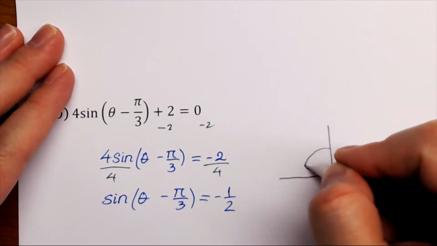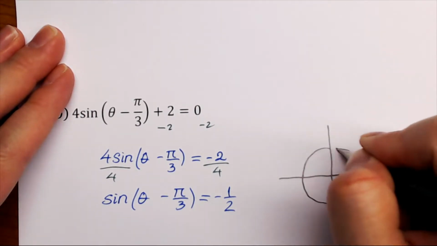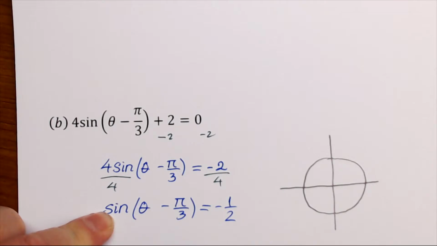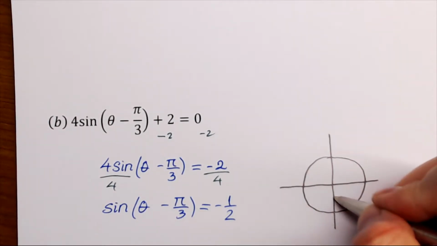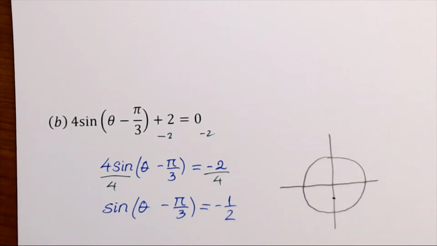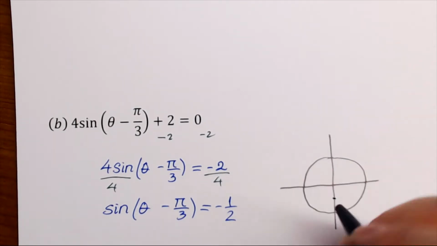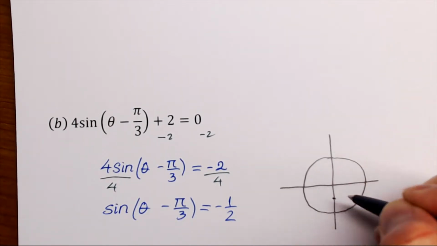And then divide by 2. So we should have cosine theta equals square root of 3 over 2. And then we just find theta.